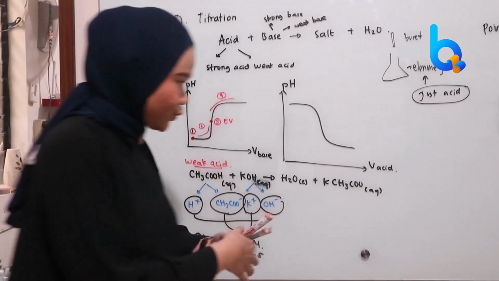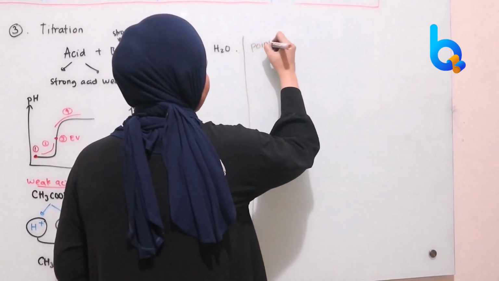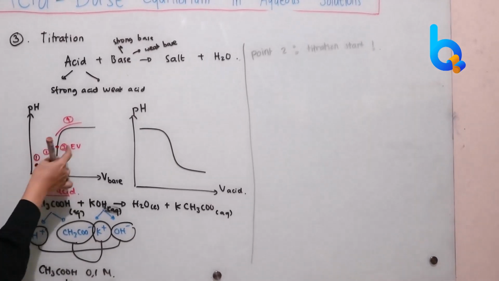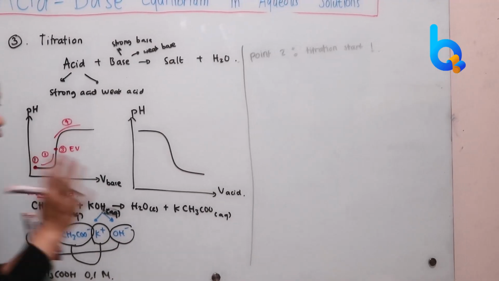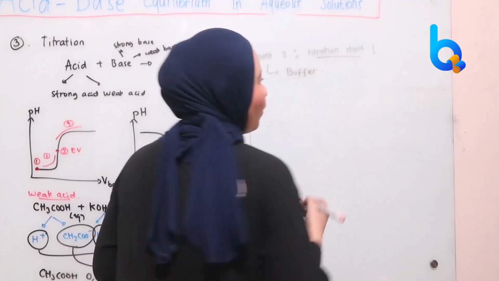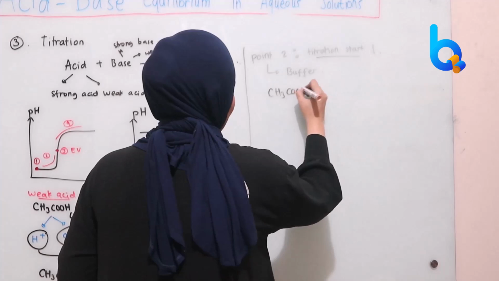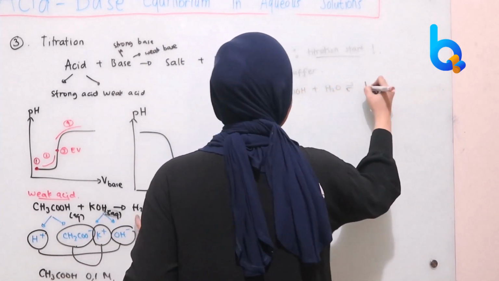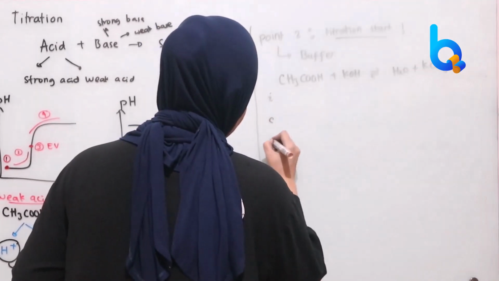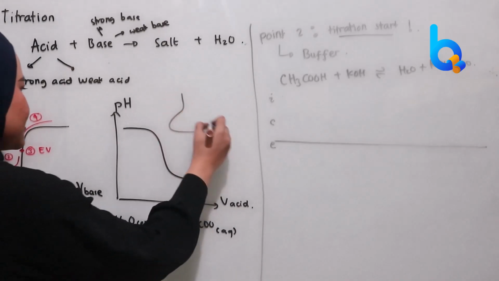But in point 2, okay, wait. Okay, point 2: the titration has started, but the equivalent point has not been reached. With this point we call it a buffer. Why? Because if we put this calculation into CH3COOH plus H2O, before the equivalent point there is always acid in the Erlenmeyer.